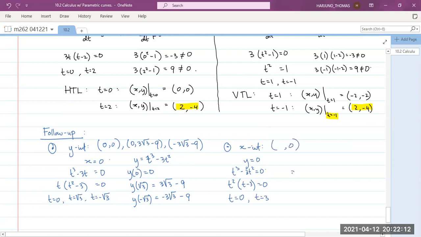When t equals 0, x is 0. When t equals 3, x is 3 cubed minus 3 times 3, 27 minus 9 is 18. Okay, so the x-intercepts will be (0, 0) and (18, 0).